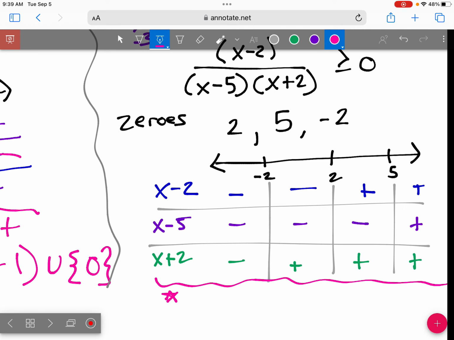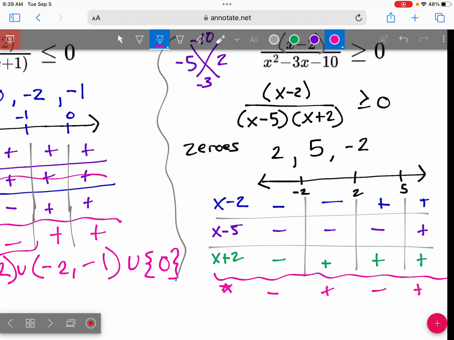Negative, negative, negative gives us negative; negative, negative, positive gives positive; positive, negative, positive gives negative; positive, positive, positive gives positive. Are we looking for positives or negatives? Positives.